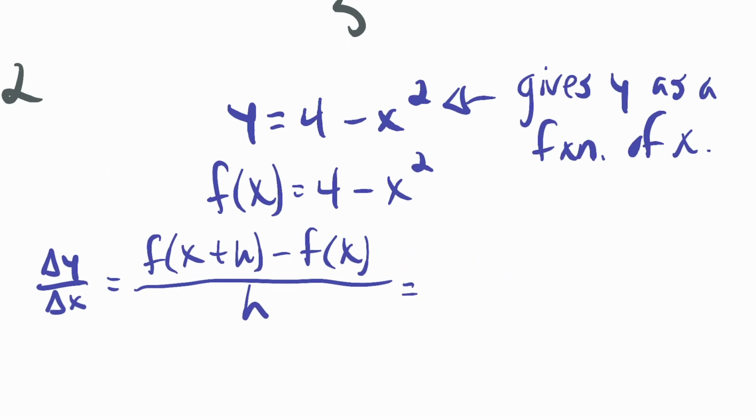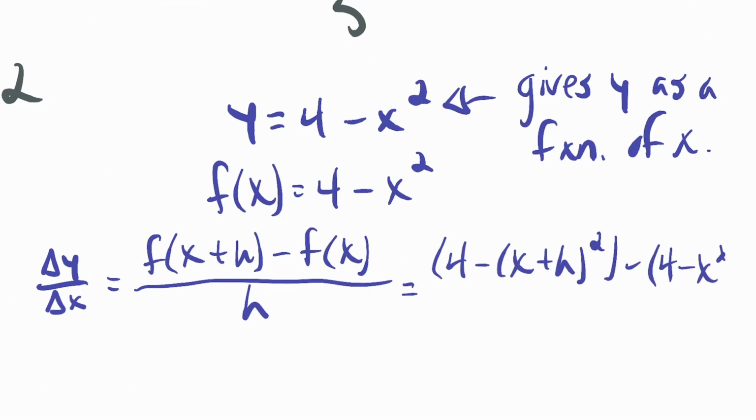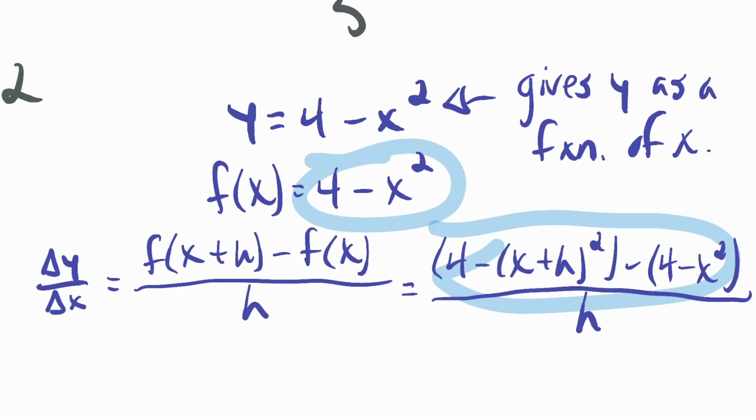This is the same as 4 minus (x plus h) squared minus (4 minus x squared) all over h. It's the same thing. I'm now utilizing the formula.